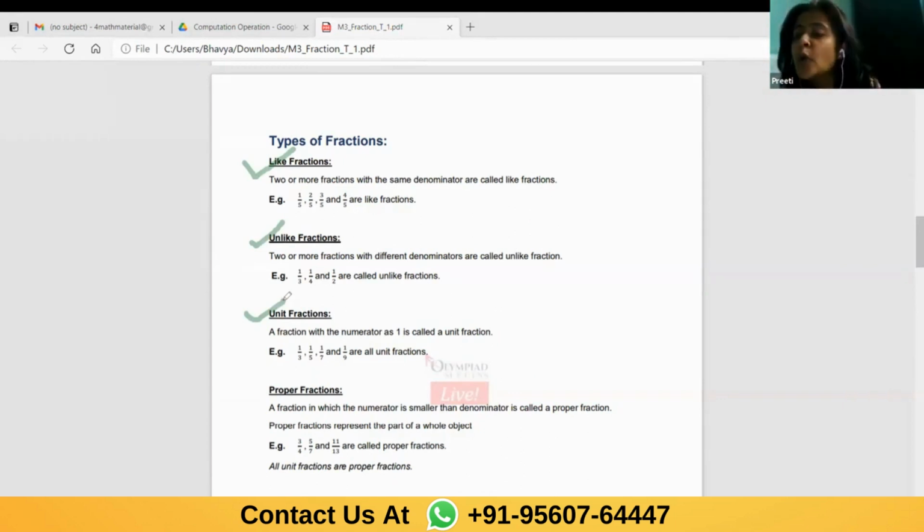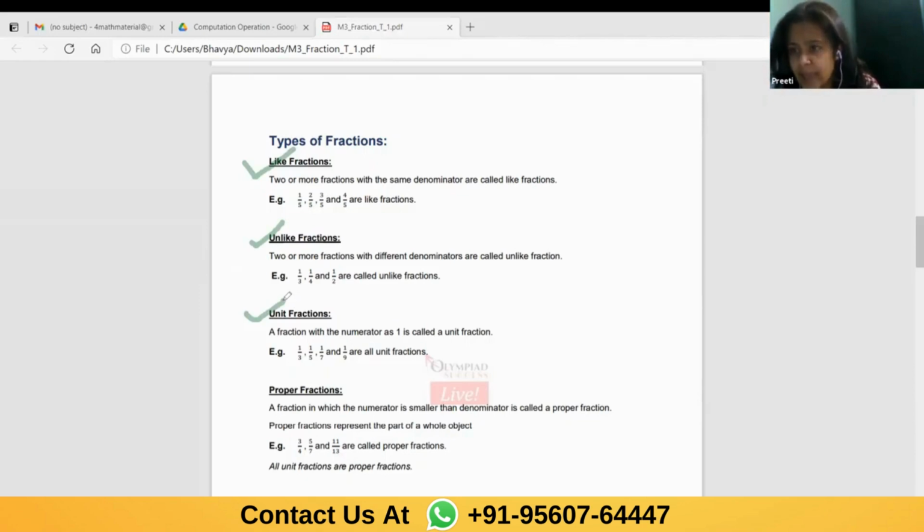Now I am going to proper fraction. Now children, proper fraction means my numerator will always be less than my denominator. When numerator is less than denominator, then I say the fraction is a proper fraction. But if my numerator is bigger than my denominator, then it is an improper fraction.